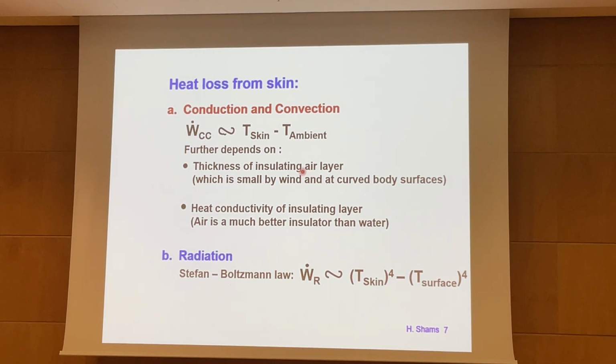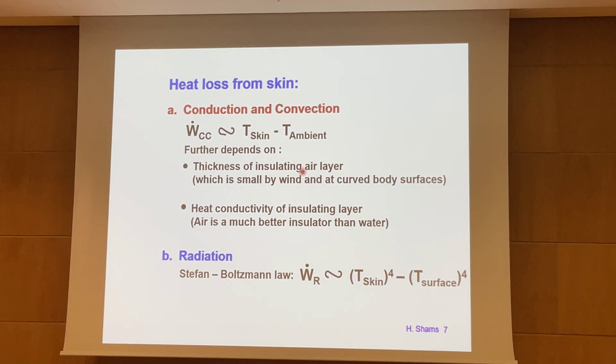And that layer we call the insulating air layer. The thinner that insulating air layer is, the greater is the conduction. If the insulating air layer is larger, then the conduction of the heat is less.